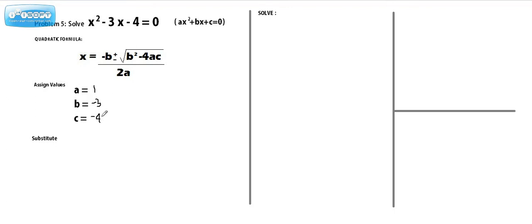Now that you've assigned values to your variables, the next thing to do is to substitute them into the formula.